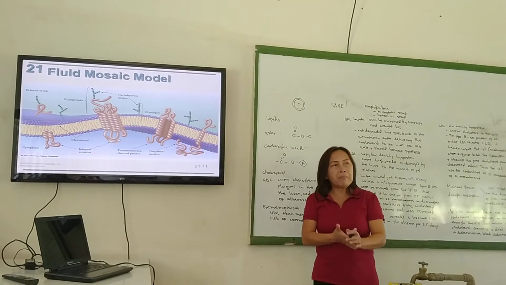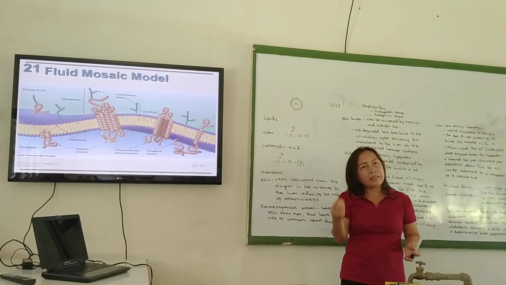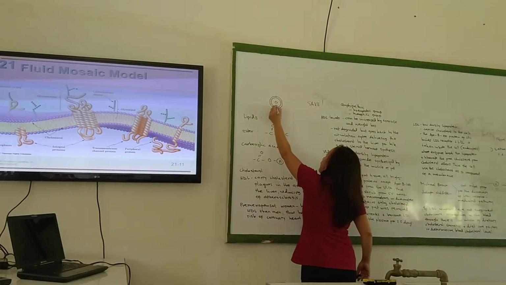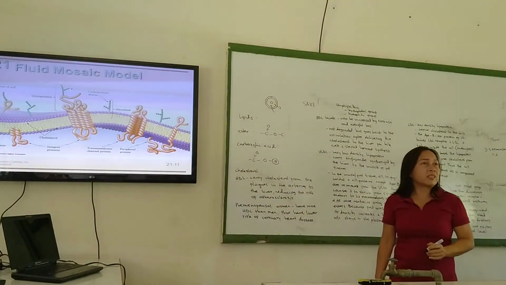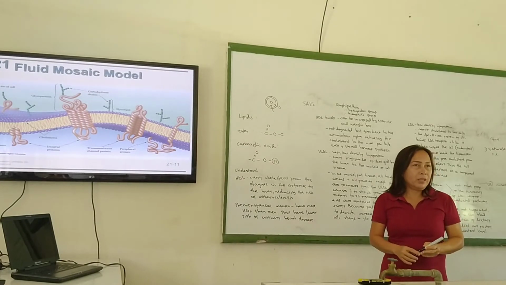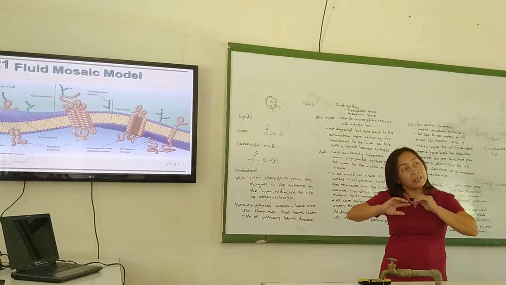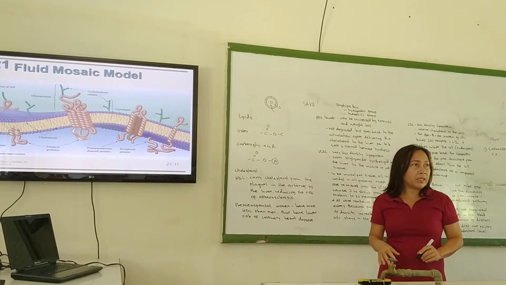Now, the role of the membrane is that it facilitates the transport of molecules in and out of the cell, passing through the membrane. So, what facilitates the transport is the membrane. Okay? And what is in the membrane? One important component of the membrane is the lipid.